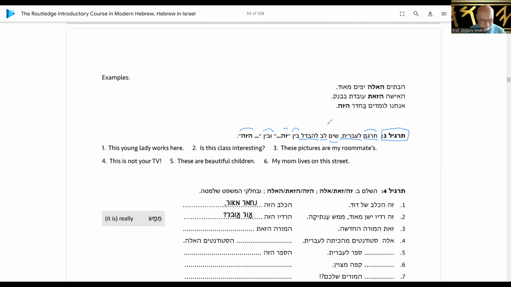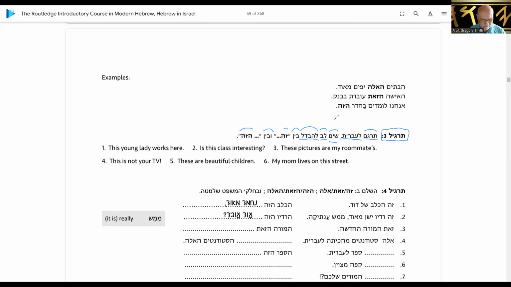Okay. Actually, I think it's between this and this. Lehavdel, lehavdel. Look at this one right here, lehavdel. This is difference, apparently. And sim lev lehavdel, which is note the difference between this and this.